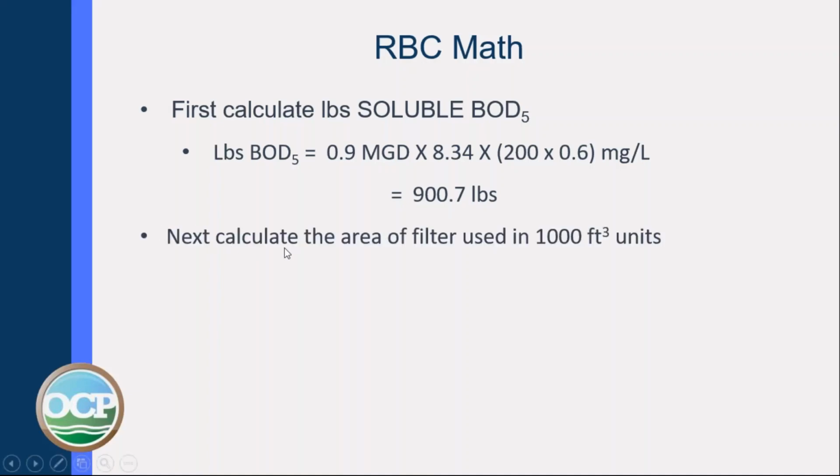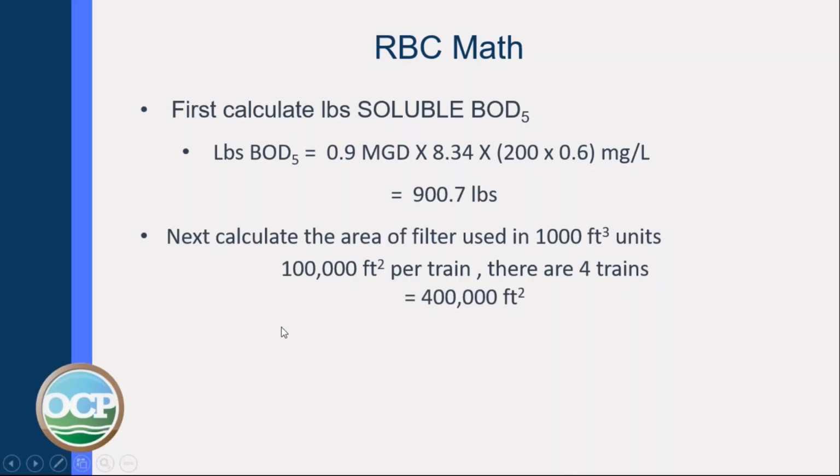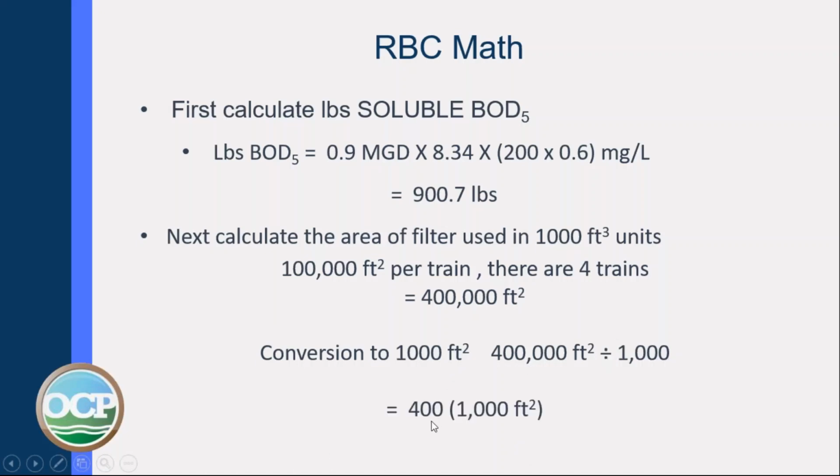You calculate the area of the filter used in 1,000 square foot units. You have 100,000 square feet per train. There are 4 trains, so you have 400,000 square feet. You divide that by 1,000 to convert it to 1,000 square foot units, and you end up with 400.